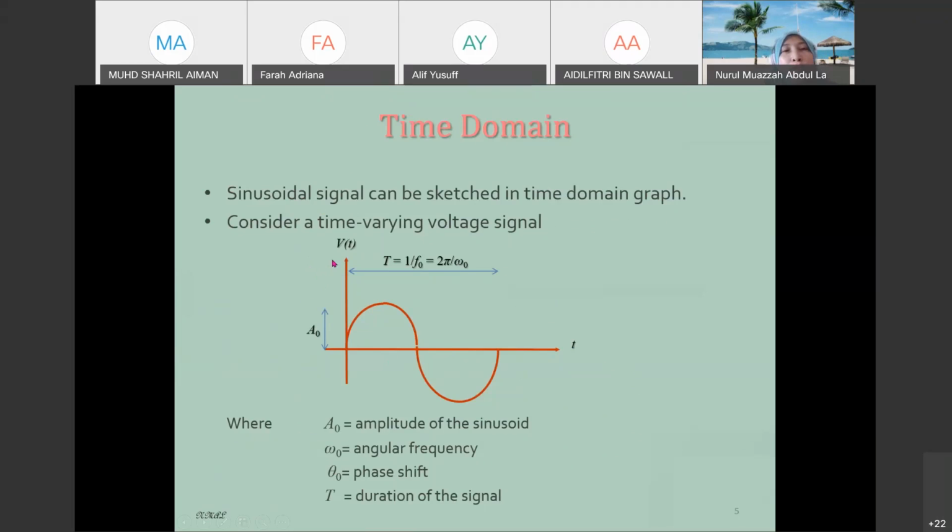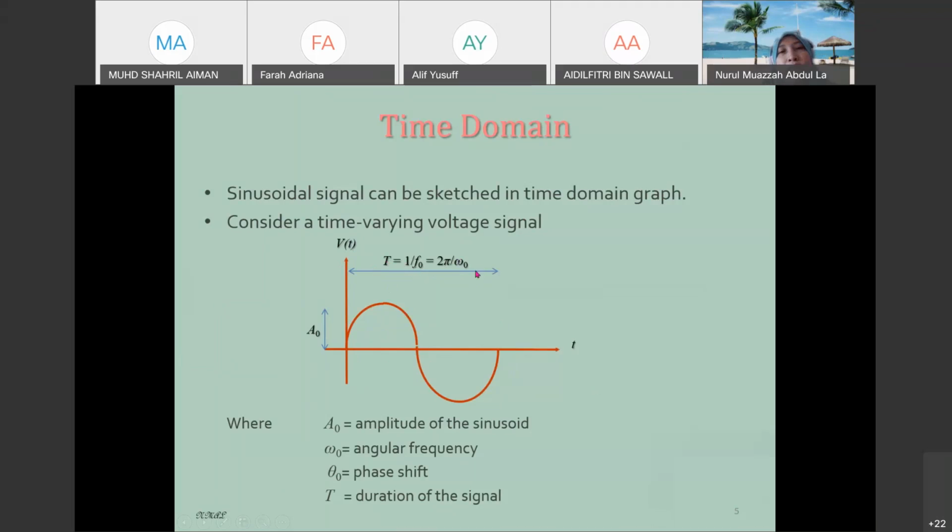For plotting this time domain, remember to put v(t) in the bracket, which means that this is a time domain signal, a function of voltage that varies with time. T here is equal to 1 over f naught. T is the duration, one duration of the signal before it repeats again. It is also equal to 2 pi divided by omega naught.